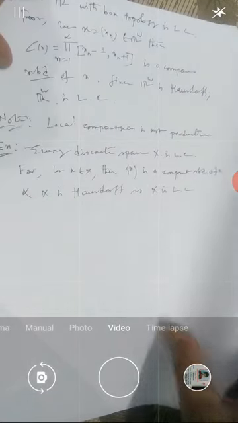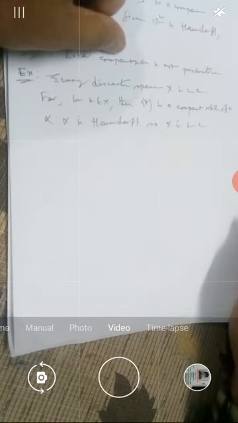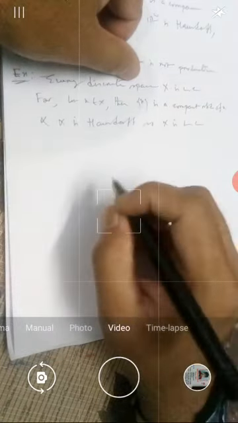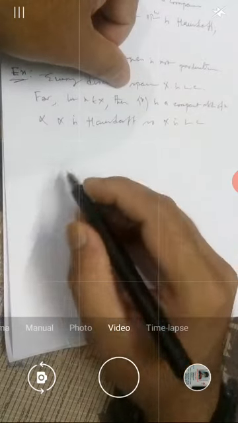Okay, I will conclude this clip by showing another example of a non-locally-compact space, which is not of the form of a product. This is nothing but the space of rational numbers as a subspace of R with usual topology.